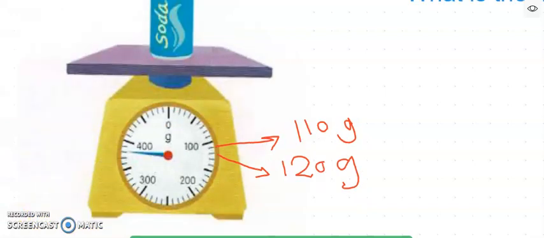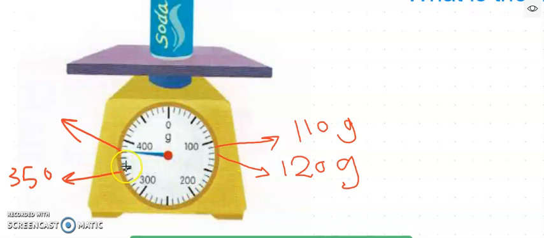Okay, now the pointer is located in this place here, exactly here. So here is 300. If we go, this point is 310. Here 320, 330, 340, 350. This is 350 grams.